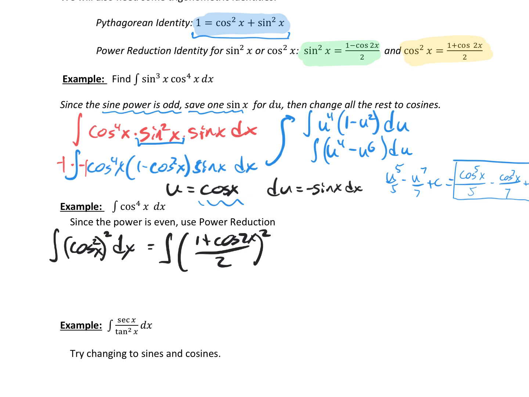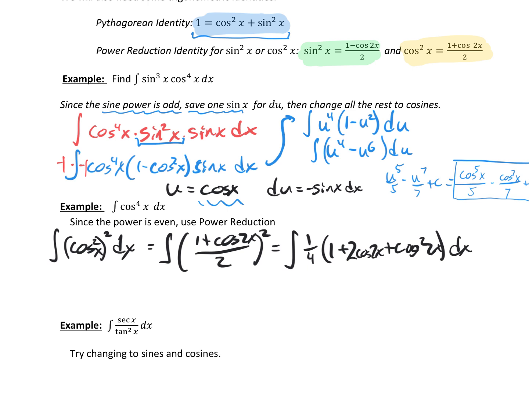If we square that function, the bottom squared is 4, so we have 1/4 out front. And we're going to square the binomial. We square the first, square the second, multiply and double. So this is like a plus b squared: square the first, 1. Square the last, cosine of 2x squared. And then we multiply and double, so 2 cosine 2x in the middle.